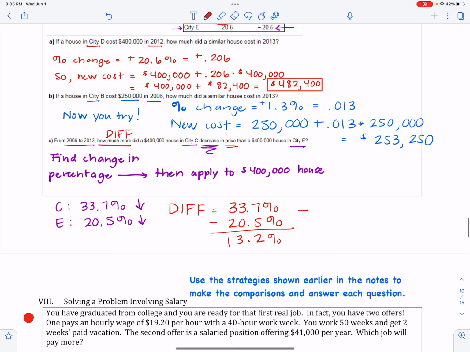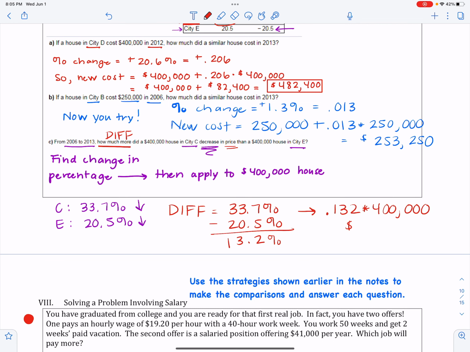So all I've got to do from here is apply that 13.2%, which is the difference in percentages, to a $400,000 house. And when I compute that, I get a monetary value here of $52,800.